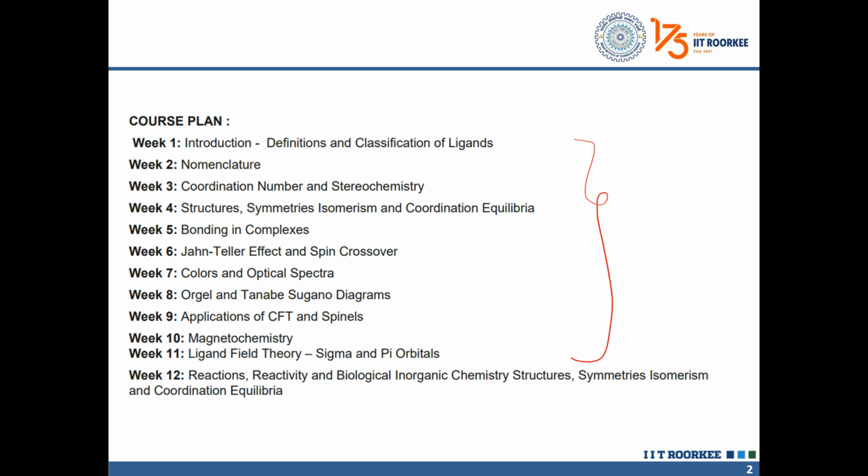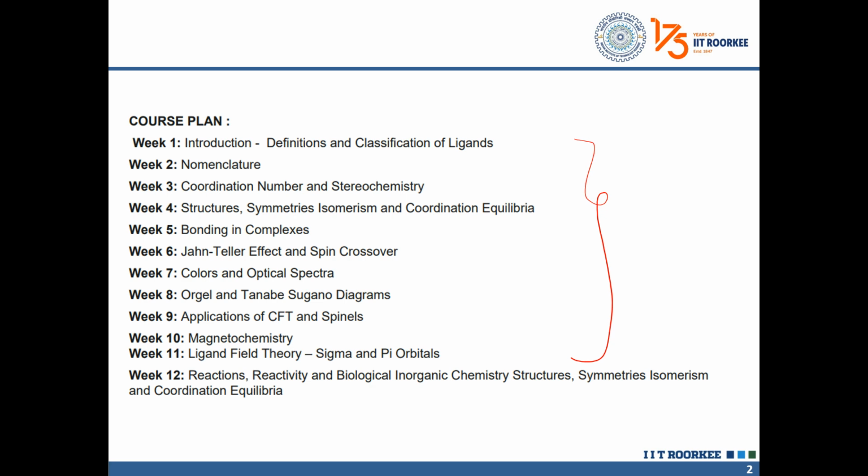For transitions particularly, you will be reading Orgel diagrams and Tanabe-Sugano diagrams. Thereafter, application of crystal field theory and some spin diagrams, magnetochemistry and ligand field theory, and at last you will be reading about the reactions given by the coordination compounds, octahedral complexes, square planar, and the rest of the others.